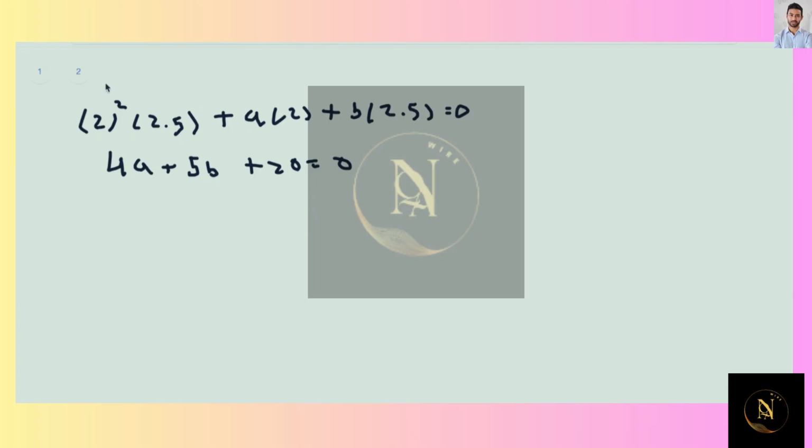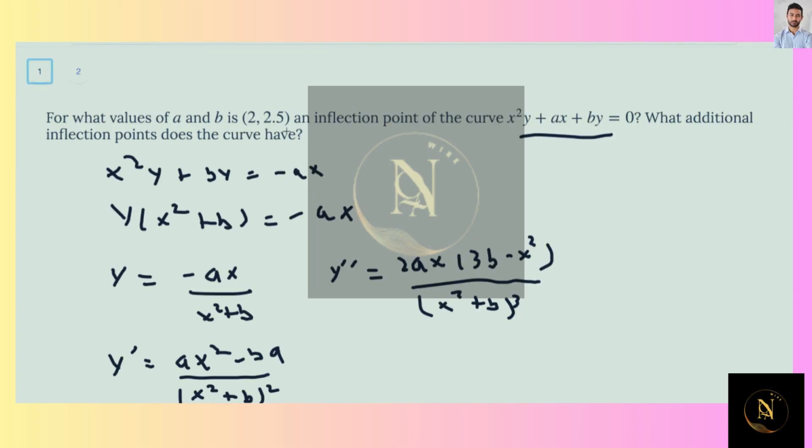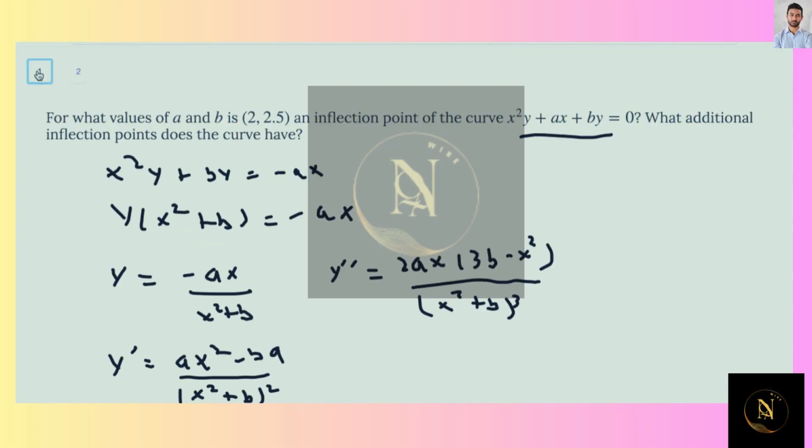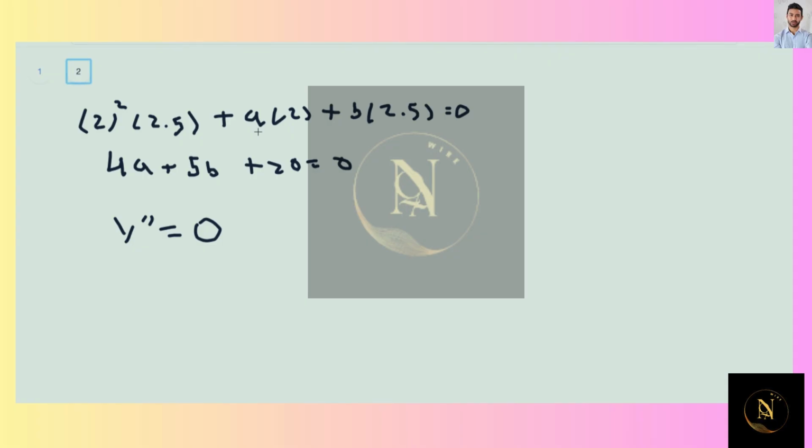Reminder that in order for an inflection point to occur at this point, the second derivative has to equal 0. We're looking at where the numerator equals 0, so 2ax. We have values of x, so we can plug those in. It'll be 2a times 2, times (3b minus 2 squared).